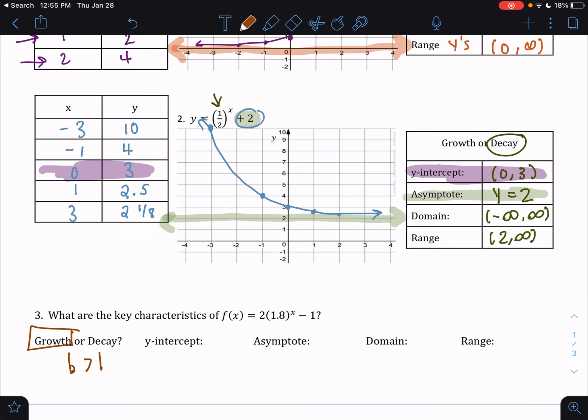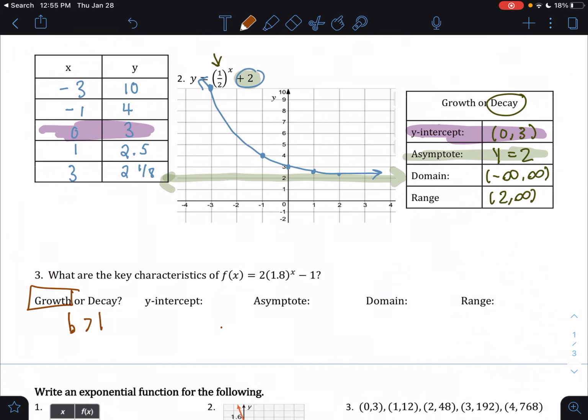The y-intercept. You set x equal to 0. So we'd get 1, which means that our y-intercept is 0, 1.